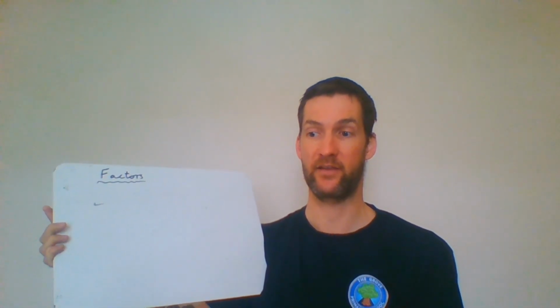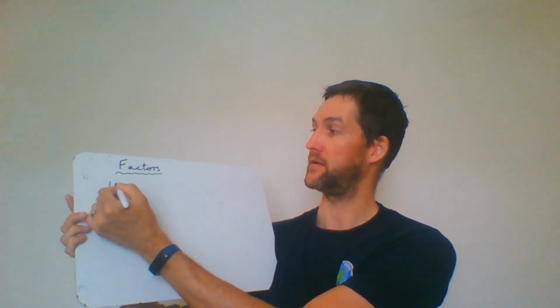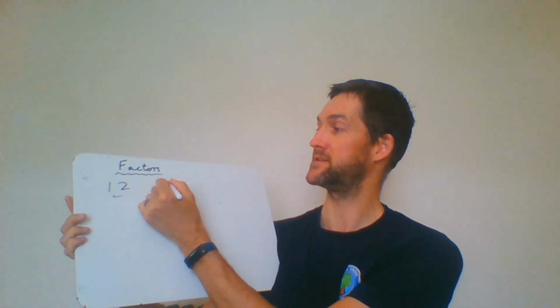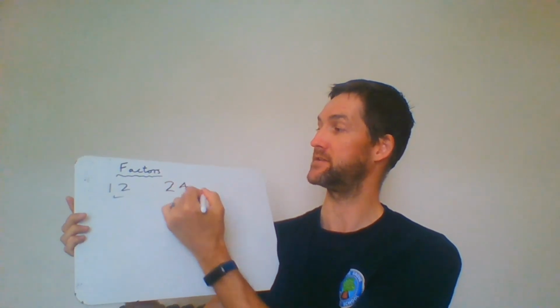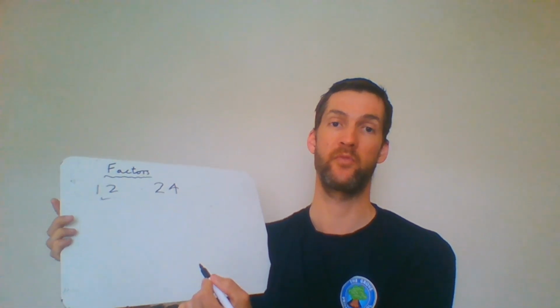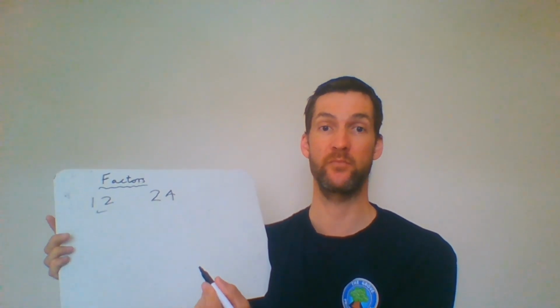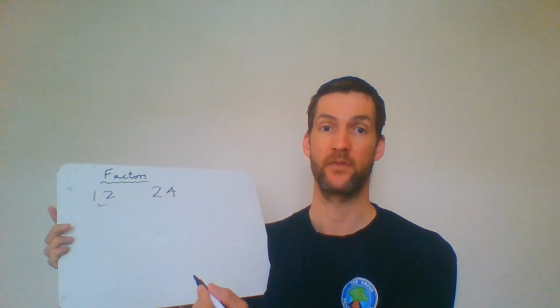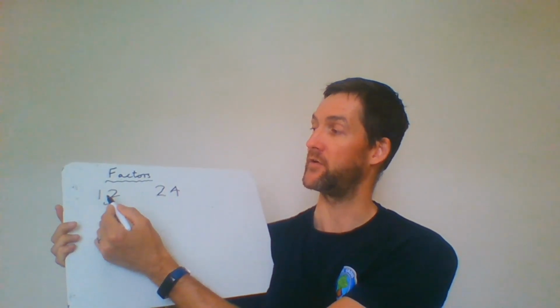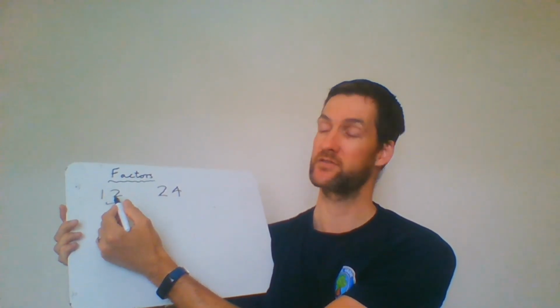So we'll just have a look at those. Let's have a look at the factors of 24 and 12 and see what common factors there are and what the highest common factor is. So let's start. Factors of 12.